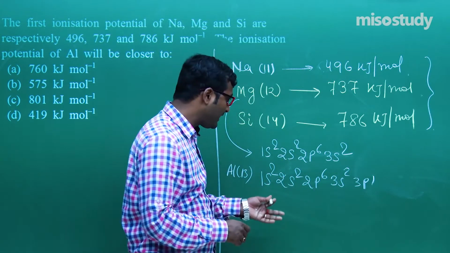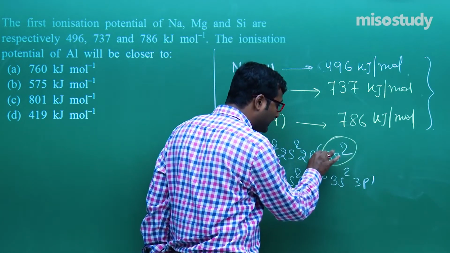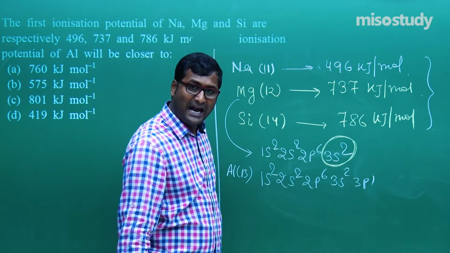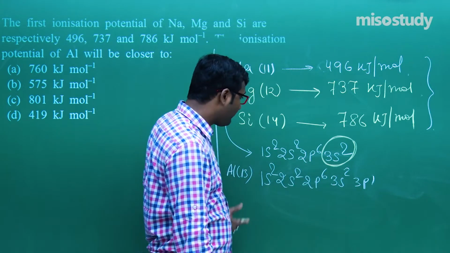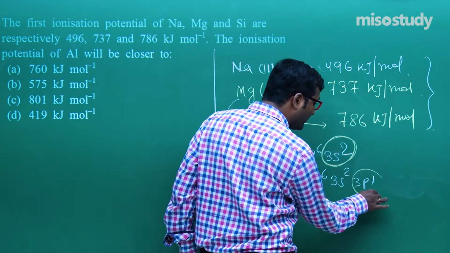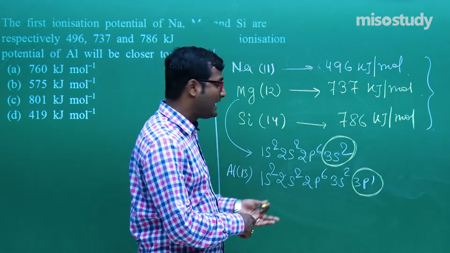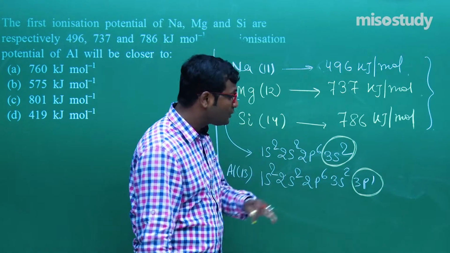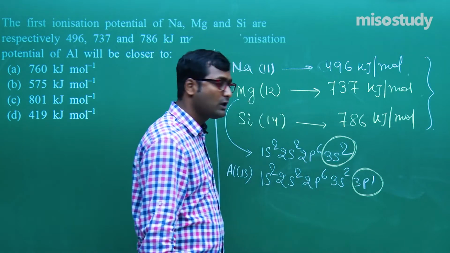Now, if I compare the stability, the completely filled last subshell is the most stable electronic configuration. If I talk about aluminum, the last one is 3p1, not half filled, not completely filled. That means it is not too stable. In this case, less energy is required to remove the electron in comparison to magnesium.